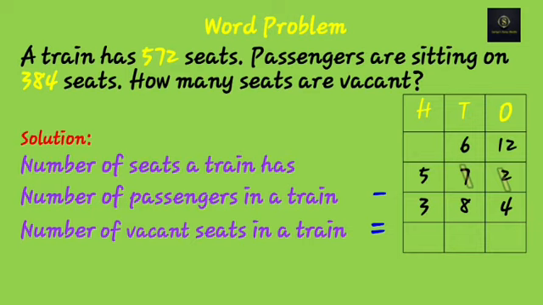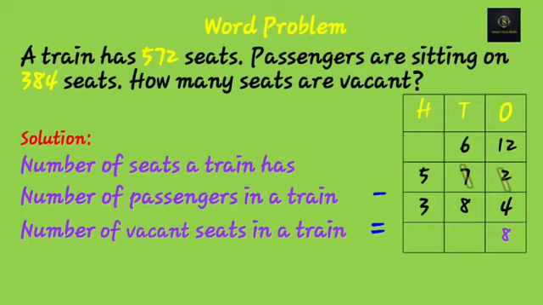Yes, 6 tens remain in the tens column, and now in the ones column there are 12 ones. Now can we subtract 4 from 12? Yes. So 12 minus 4 is equal to 8. So here we write 8 in the ones place.